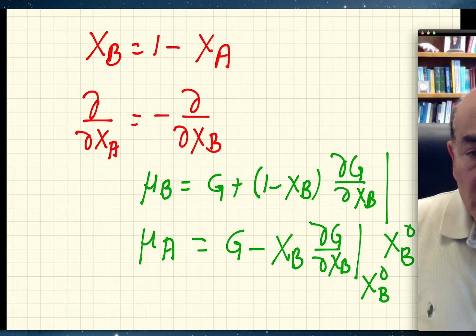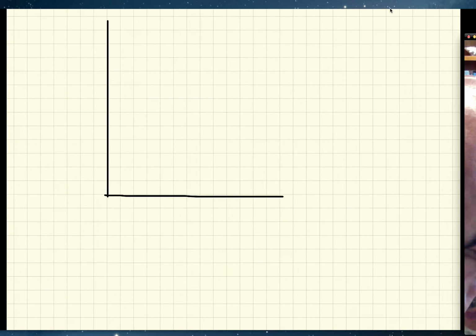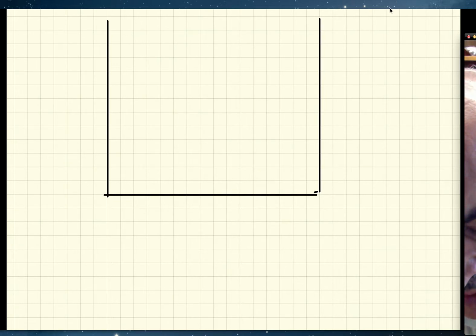All right, so before I do that, I want to discuss the graphical meaning of each one of these equations. I'm going to discuss this in the form of a graph. Let's develop a graph for the Gibbs energy as a function of the concentration of an element.